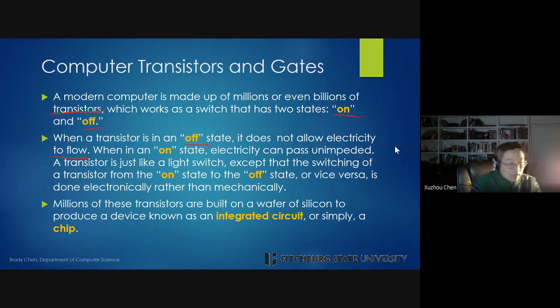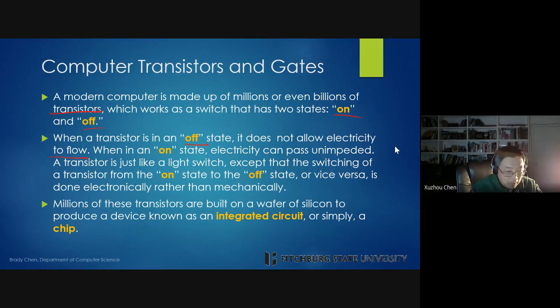The integrated circuit is basically built with millions of these transistors. They are built into silicon wafers.